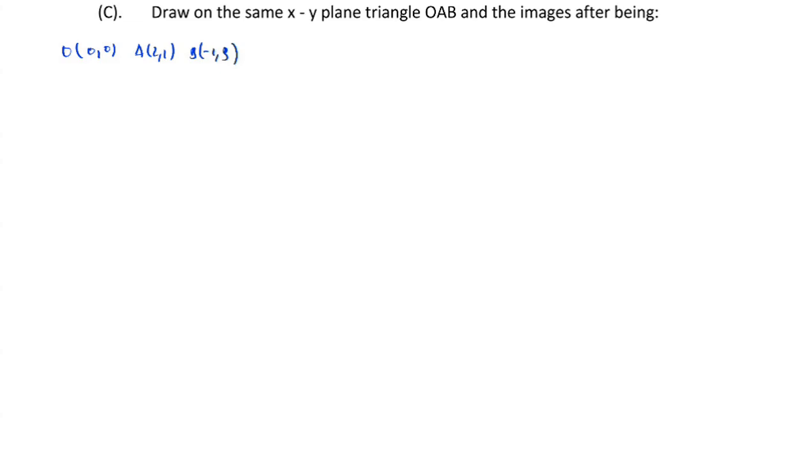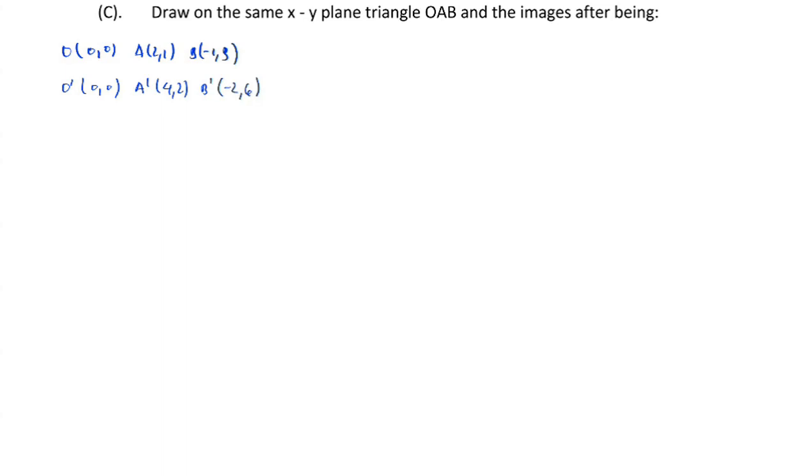Okay, so for the enlargement, our points are going to be O dash is 0, 0, A dash is 4, 2, and B dash is negative 2, 6.